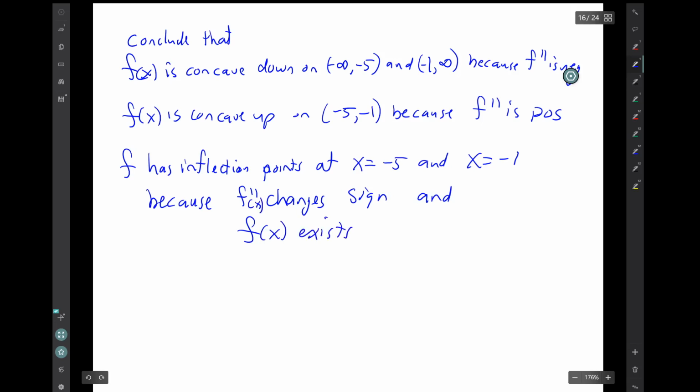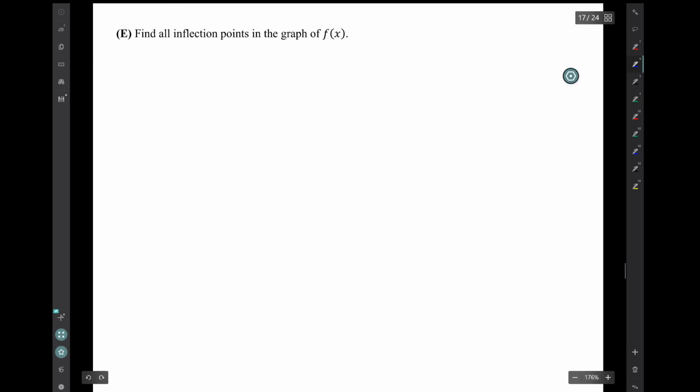So f has inflection points at those 2 x values because f double prime changes sign and because f of x exists. Remember, we have to know that there's a y value on the graph of f of x. Well, the reason we know that f of x exists at those points is because f double prime exists. The only way that f double prime exists is if f of x exists. Let's go on. Find all inflection points.